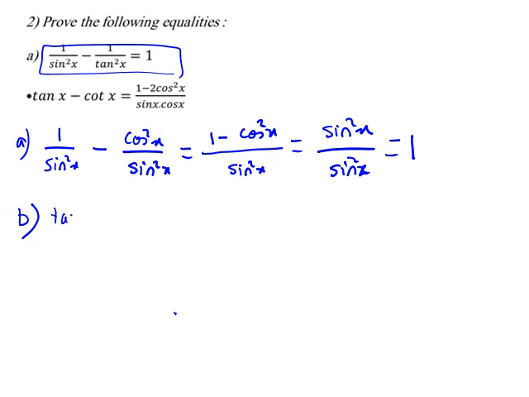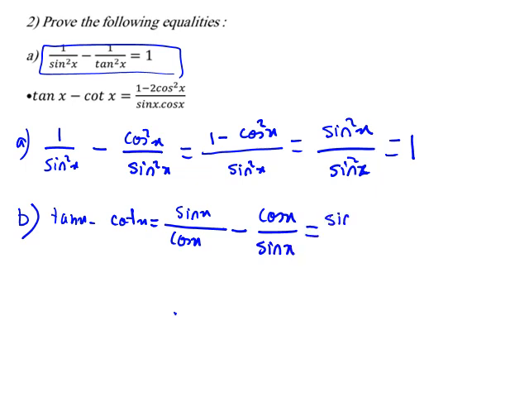First, tangent x minus cotangent x equals sine x over cosine x minus cosine x over sine x, equals sine x times sine x, sine square x, minus cosine x times cosine x, cosine square x, over the same denominator, sine x cosine x.